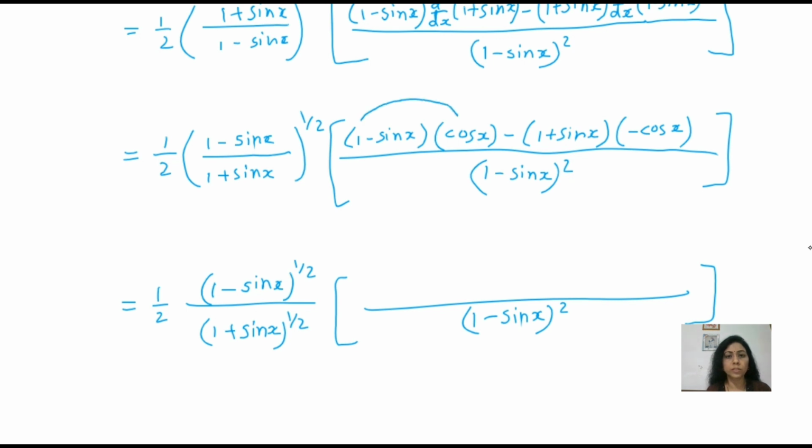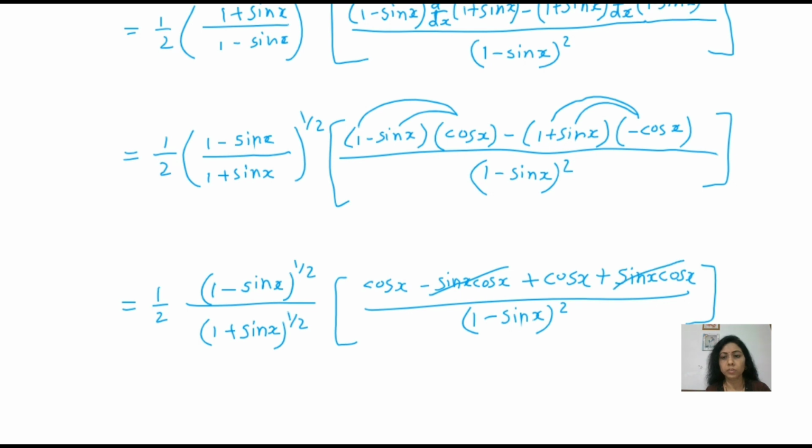So cos x multiplied with 1 is cos x, cos x multiplied with minus sin x is minus sin x cos x. This minus and this minus will be plus, so cos x multiplied with 1 plus cos x, because minus minus was plus, so all things are positive. Now this one multiplied with this, so sin x cos x, and this is negative, this is positive, so they cancel.